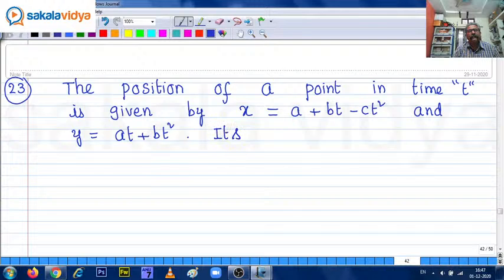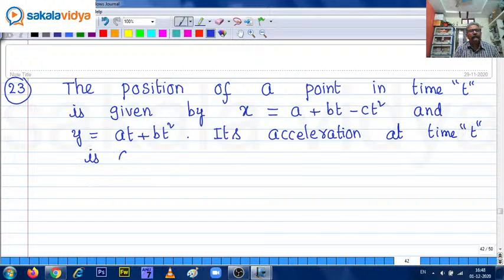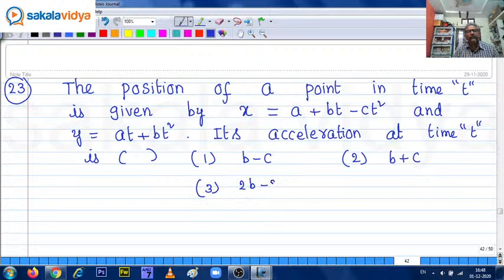Its acceleration at time t is: first option, b minus c; second option, b plus c; third option, 2c; fourth option, 2 root of b square plus c square.